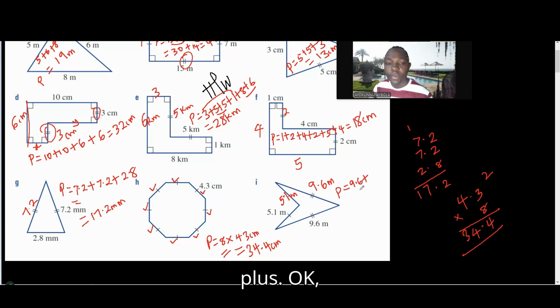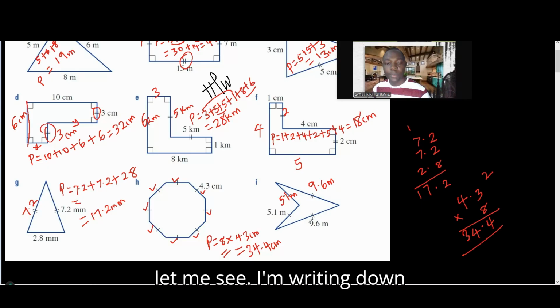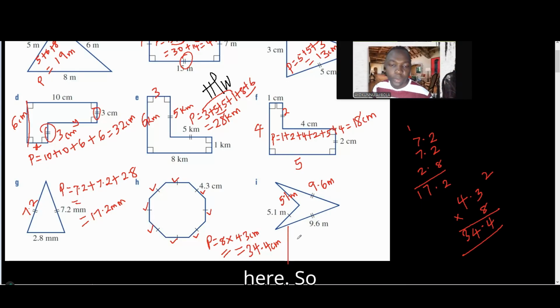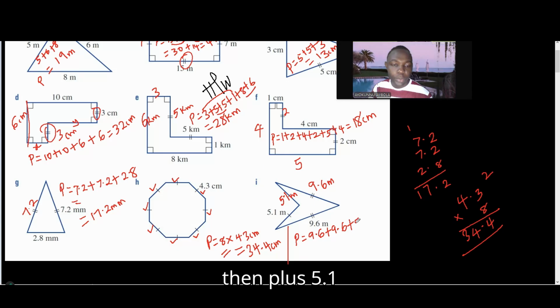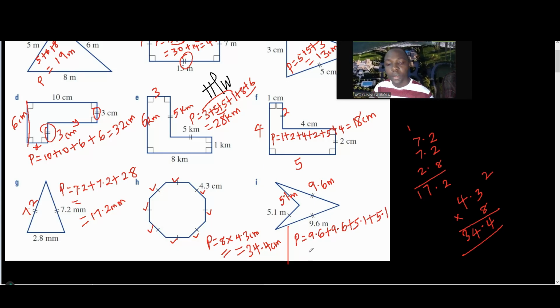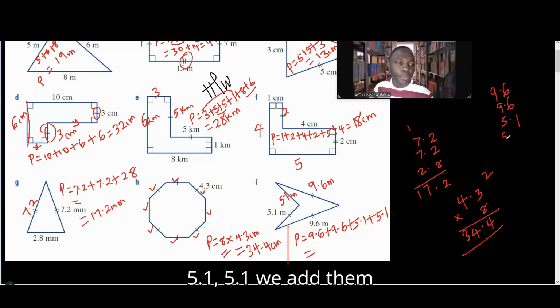So perimeter equals 9.6 plus 9.6, then plus 5.1 plus another 5.1.